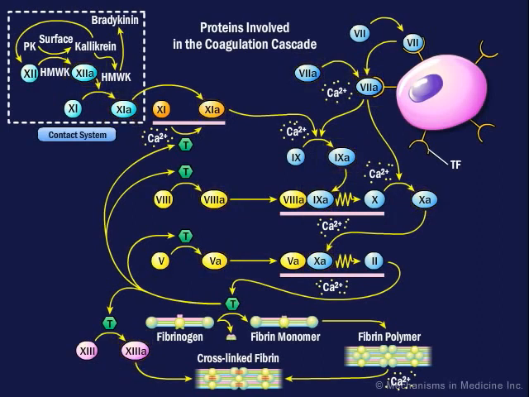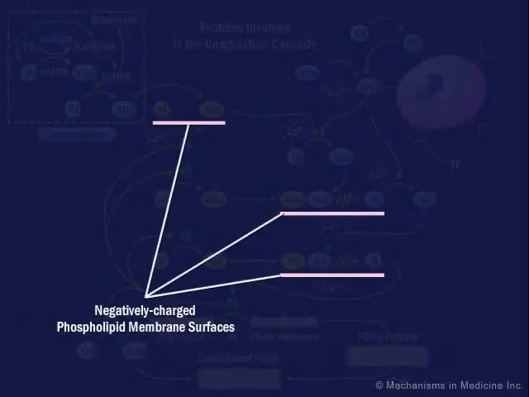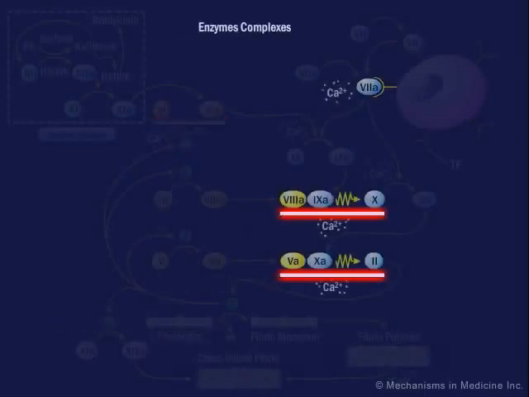The activation of the serine protease zymogens occurs on negatively charged phospholipid membrane surfaces, represented here by the horizontal bars, of activated platelets, monocytes, and endothelial cells.